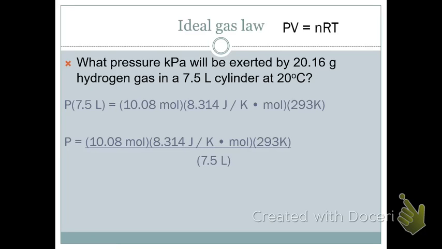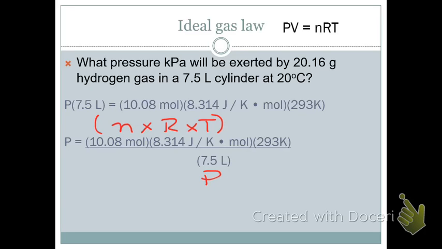clear your calculator. You're going to have an open parentheses, 10 times 8.314 times 293, which is my temperature, divided by my volume of 7.5 liters.